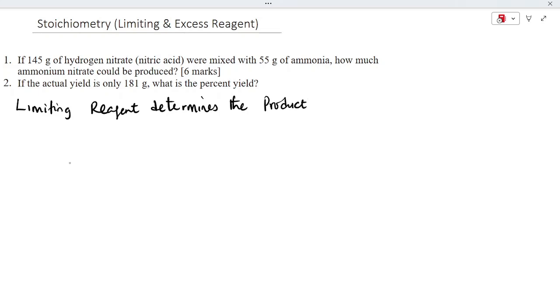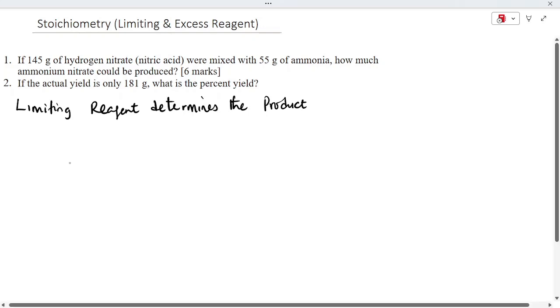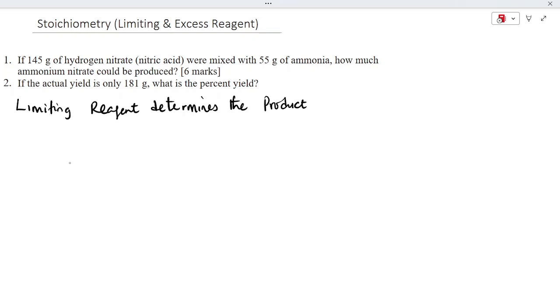Remember, the limiting reagent is the first to get exhausted, and as soon as one is exhausted, the reaction has ended. So at that point, that is where the reaction ends. So we have to first of all determine what our limiting reagent is before we can determine the amount of product using that limiting reagent.